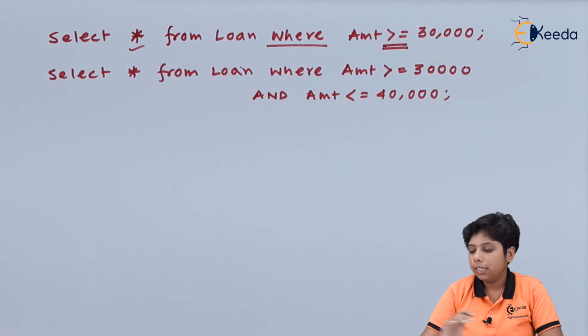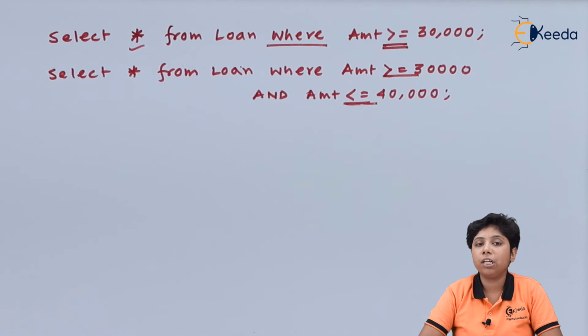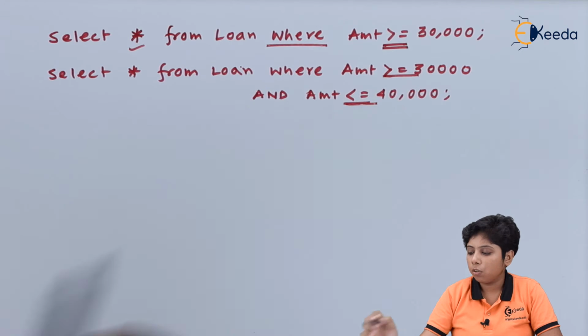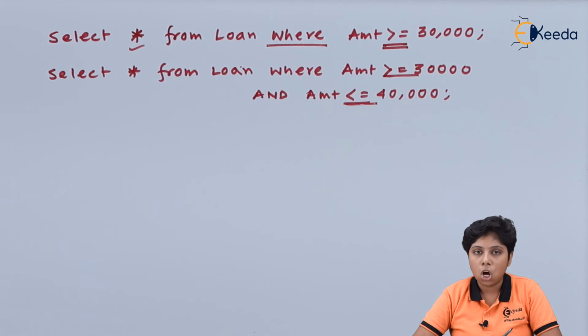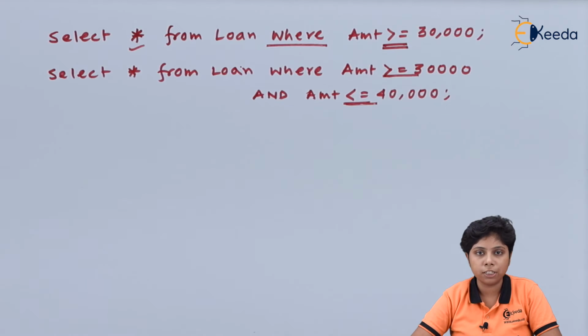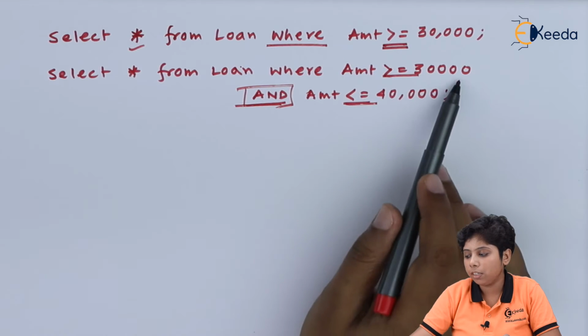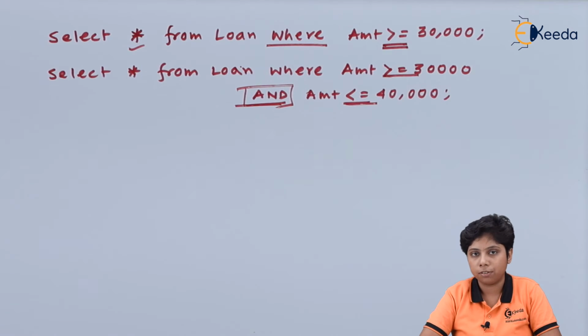So now, above 30,000, we are restricting it with 40,000. The greater than equals to operation is used here to mention that all amounts will be around 30,000, but then we need to restrict with this AND clause so that it is between 30,000 and 40,000.